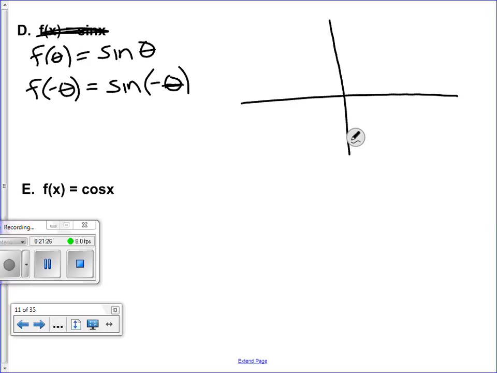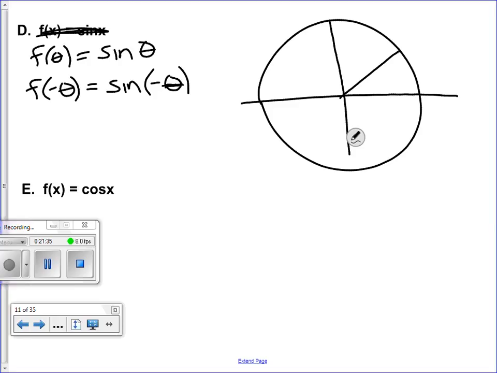Is there any relationship between those two values? So sine of theta, this is theta here, would be which coordinate, x or y? Whatever this y coordinate is, that is the sine of theta.